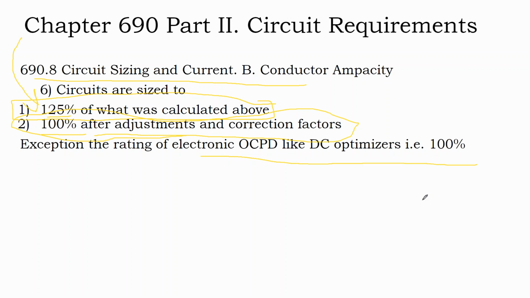So you take the output current, multiply by 25%, and that's your design current. So you take the short circuit current of the circuit, add 25%, and that's your design current. If you're using optimizers or microinverters for that matter, otherwise, if you don't know anything else about the system, you're adding an additional 25%.